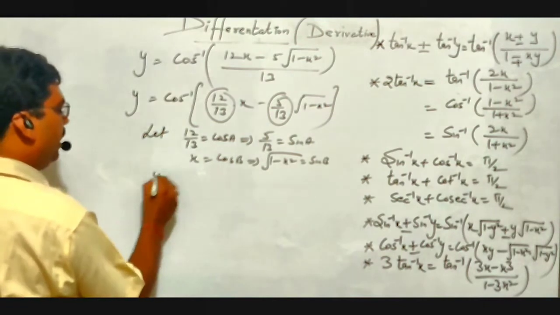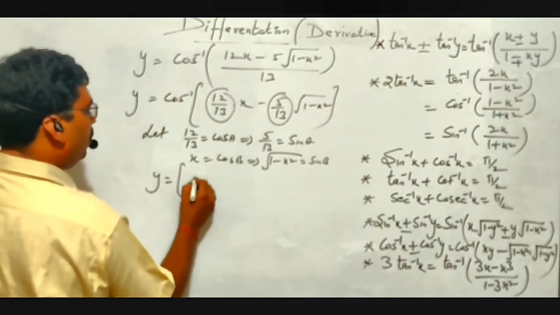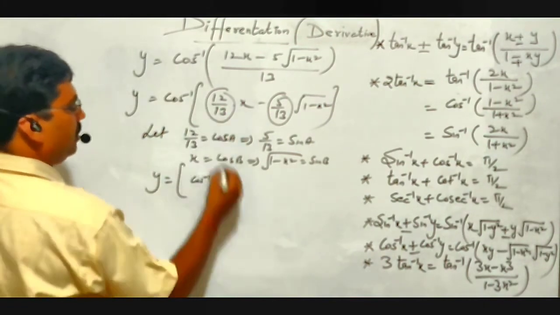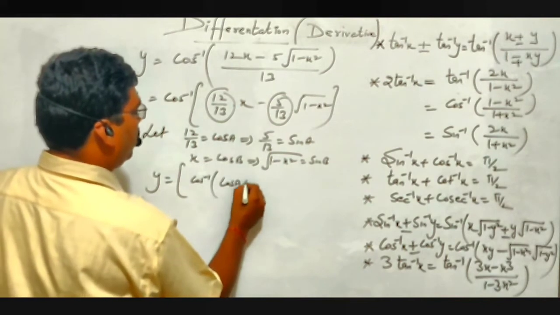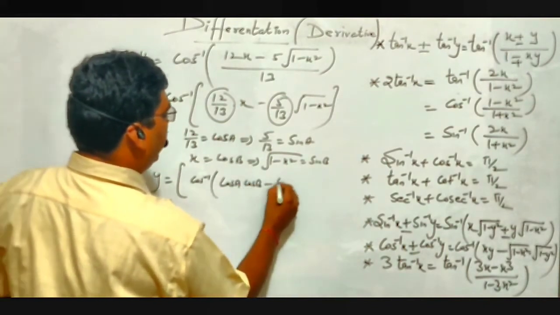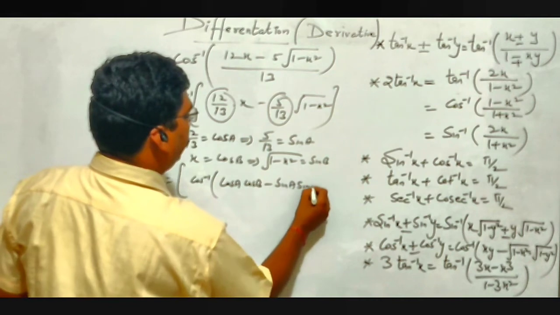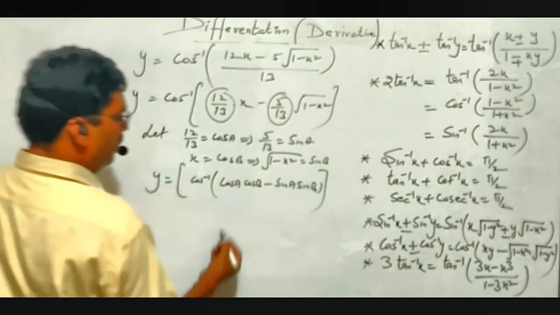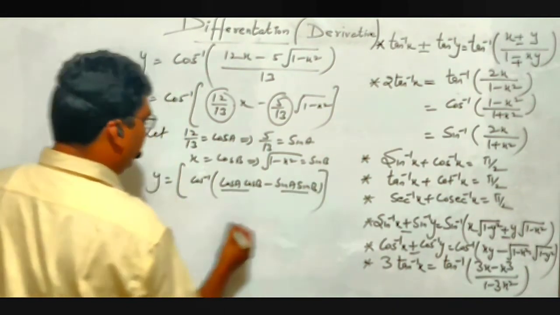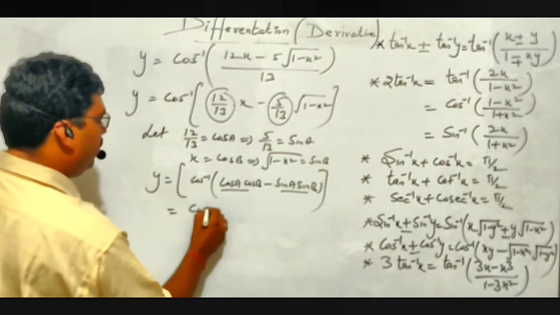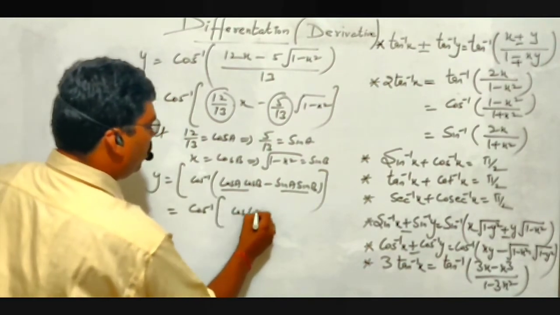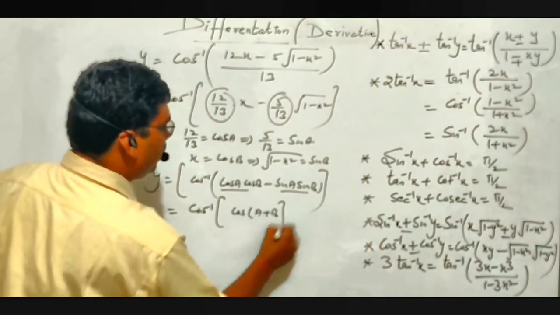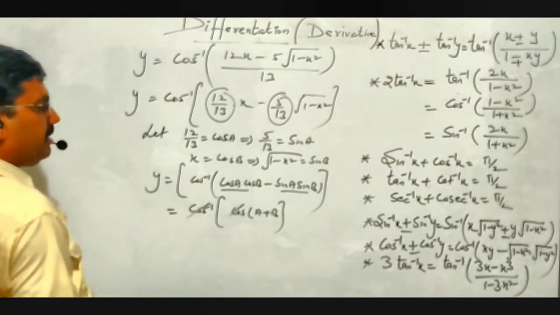That becomes y equal to cos inverse of cos A cos B minus sin A sin B. Cos A cos B minus sin A sin B becomes cos of A plus B. Cos inverse and cos are cancelled.